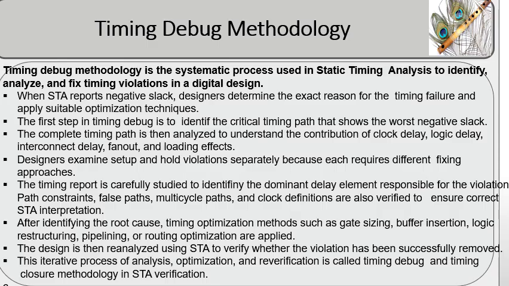Setup and hold violations are examined separately, since each requires different fixes. Reports are checked for dominant delay elements, constraints, false paths, and clock definitions. Finally, optimization techniques are applied and STA is rerun. This iterative cycle achieves timing closure.